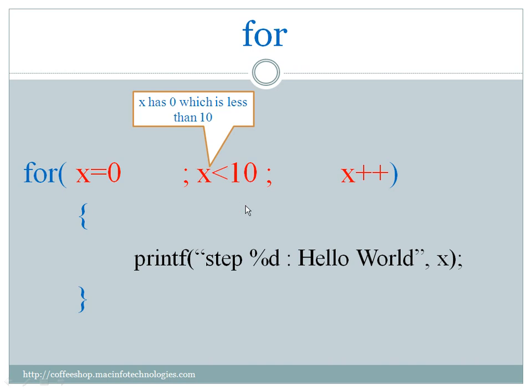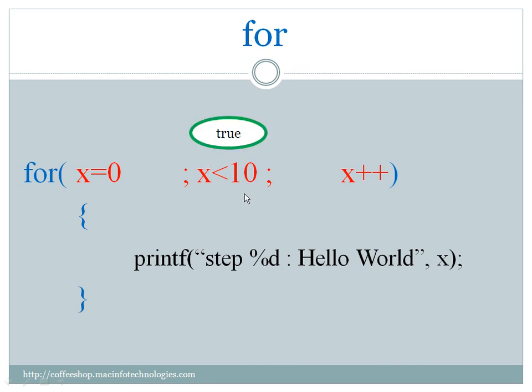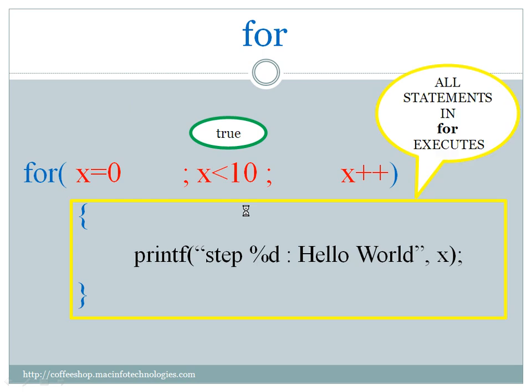The third step is execution of all the statements in the for block. We have only one statement right now. In this statement we are just printing the value of x and saying hello world. So now the x value is 0, so 0 colon hello world will be printed.